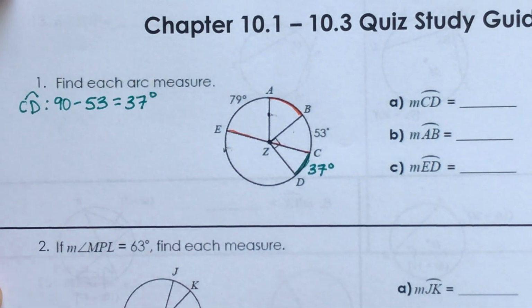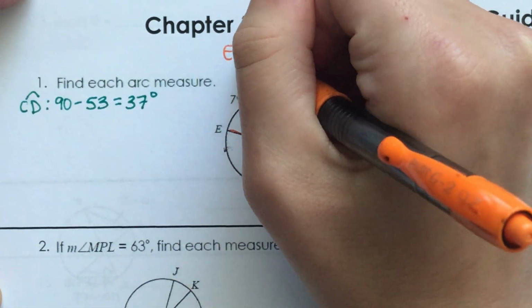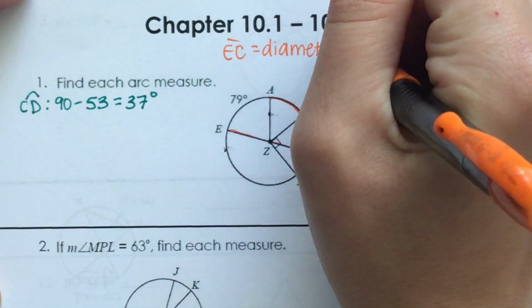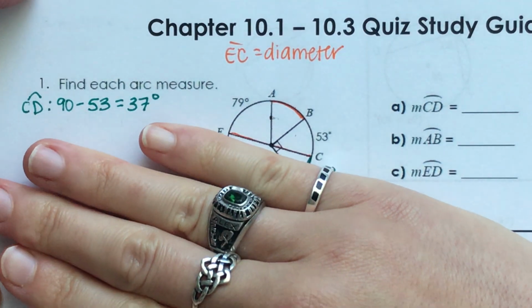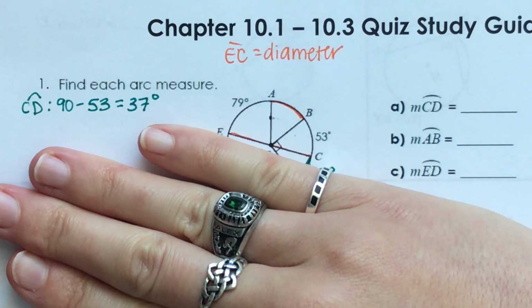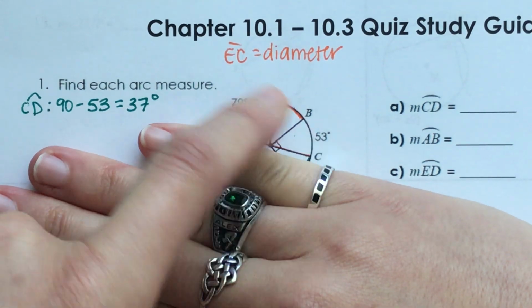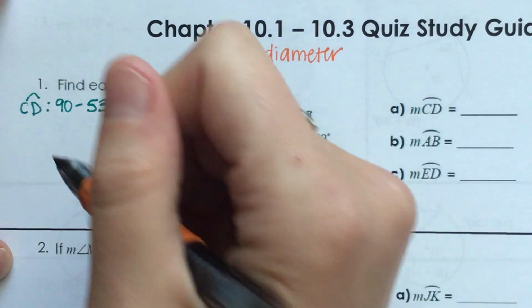So I know that if EC is a diameter, then I can really easily figure out what this AB is, because this right here would be half a circle, it's 180. So what I'm going to do is take 180 degrees and subtract the 79 and the 53 from it, and that's going to give me what's left over for that arc AB.